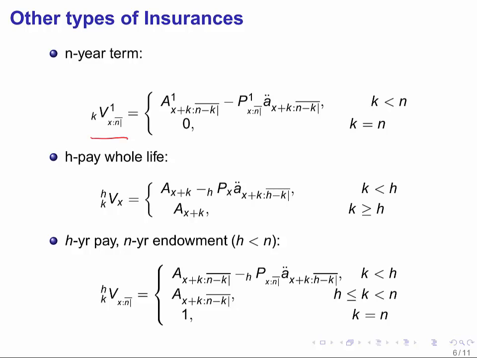And this is just the difference between the APV of future benefits at time K. At time K, for this annual term, the future benefits will be just N minus K years of term to a person aged X plus K. And the future premium will be annuity due starting from time K until time N. So that's N minus K years of term annuity due to a person aged X plus K, multiplied by the annual amount of payment, which is the standard notation for the net premium for the annual term insurance.